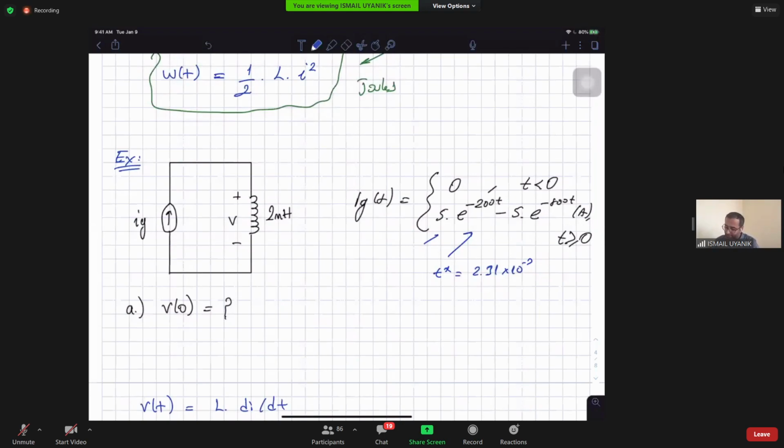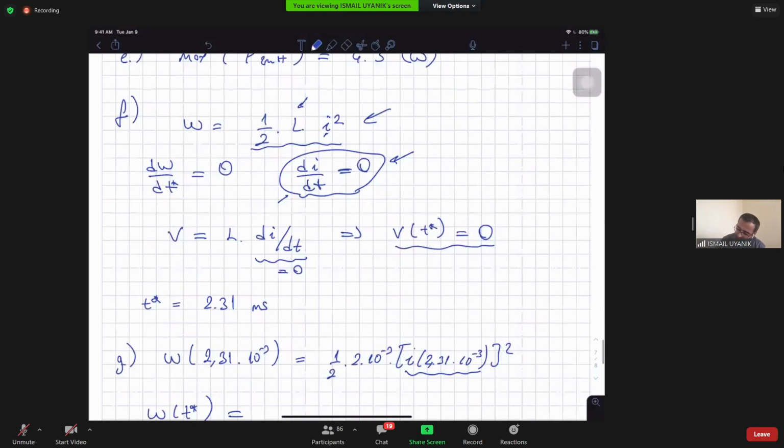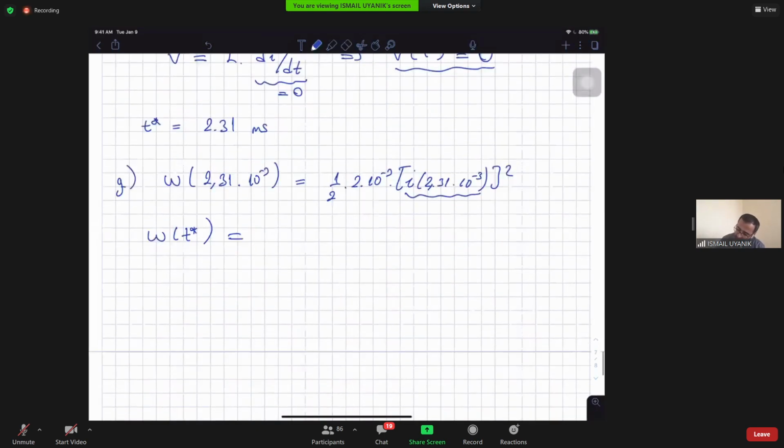If you can give us the number, then we will also calculate the energy after this step, so that these 2's will cancel. So this will be 10 to the minus 3 times the square of that current, whatever we get from the calculation. It's 2.36 amps.